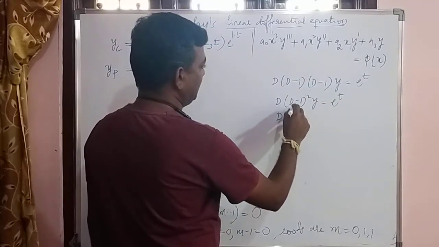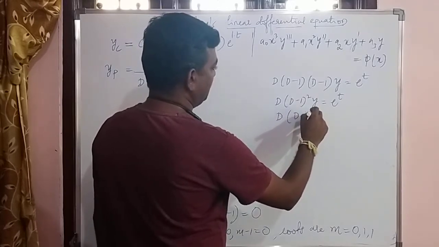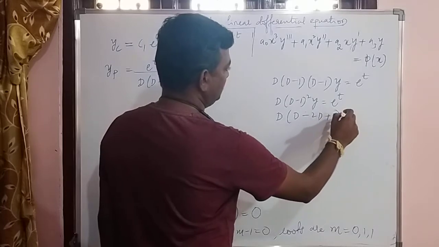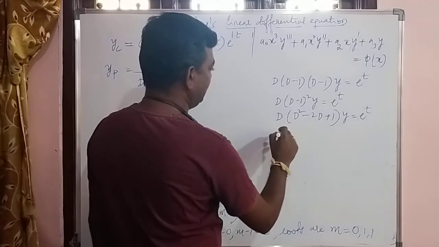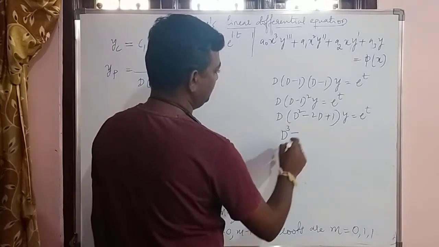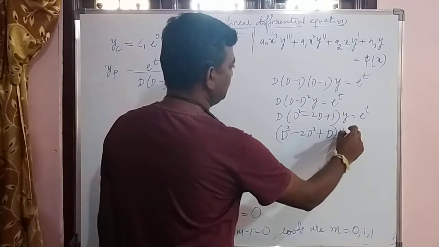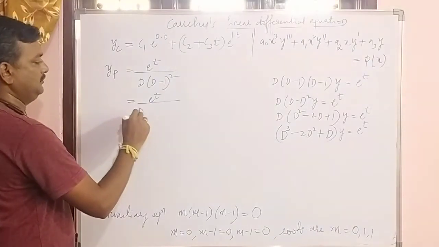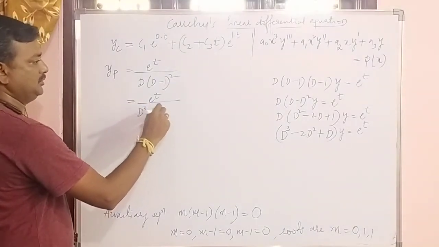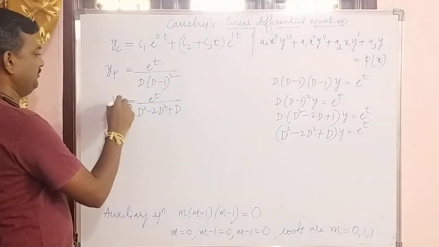Expanding by the a minus b whole square formula, d into d square minus 2d plus 1 into y is equal to e raised to t. Multiplying, this becomes d cube minus 2d square plus d into y is equal to e raised to t. So yp is e raised to t divided by d cube minus 2d square plus d. That is the value of yp.